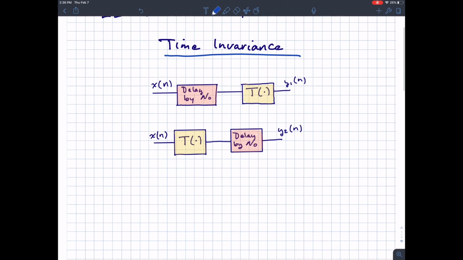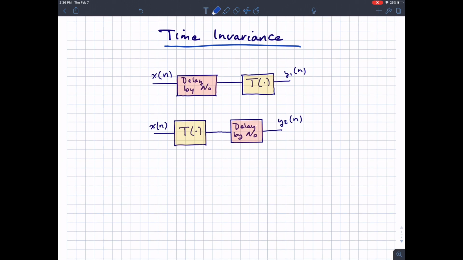In system 1, you delay the signal first, apply it to the system, and look at the output. In the second system, you take the signal, apply it to the system, and then delay the output of that system and look at that output.